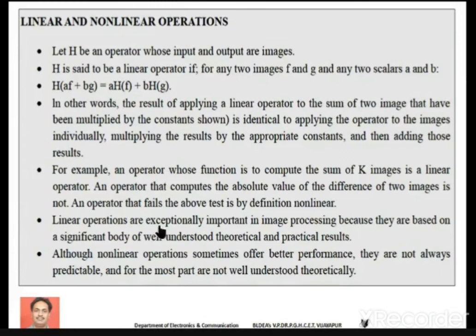That's why we can say that linear operations produce well understood theoretical and practical results, but on the contrary, nonlinear operations are not always predictable. They may provide better performance, but for the most part they are not well understood theoretically, and they cannot be used in image processing all the time.